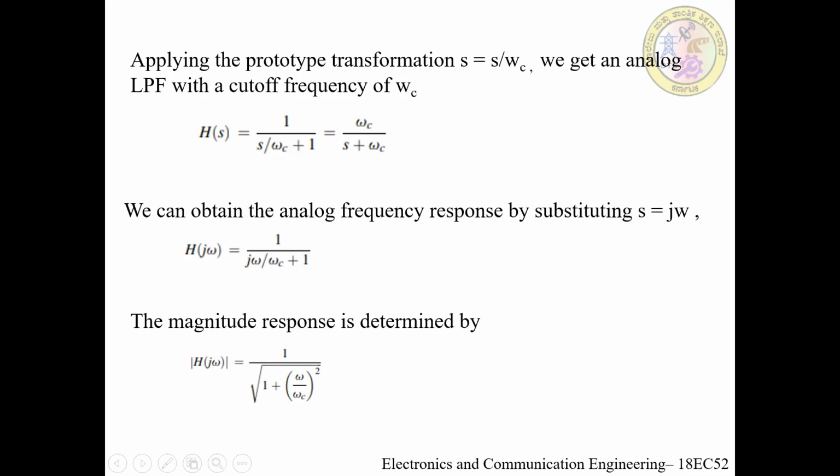The gain approaches 0 when omega approaches infinity. We can notice that filter gains do not change, but the filter frequency is scaled up by a factor omega c. This verifies that the prototype transformation converts the low-pass prototype to an analog low-pass filter with a specified cutoff frequency of omega c without an effect on the filter gain.